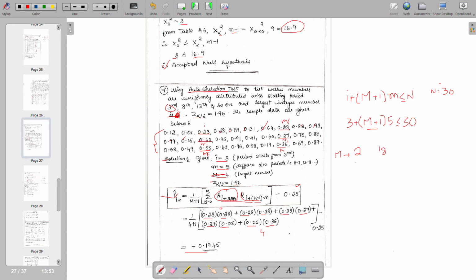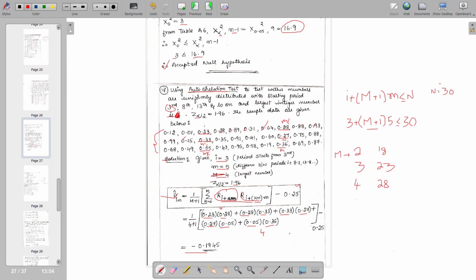Then I will assume M is equal to 3. Substitute in this equation: 3 plus 1 is 4, 4 into 5 is 20, 20 plus 3 is 23. 23 is less than 30, yes, true. Now assume M is equal to 4: 4 plus 1 is 5, 5 into 5 is 25, 25 plus 3 is 28. 28 is less than 30, yes, true.